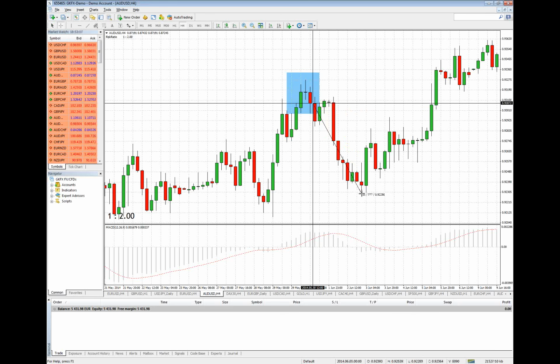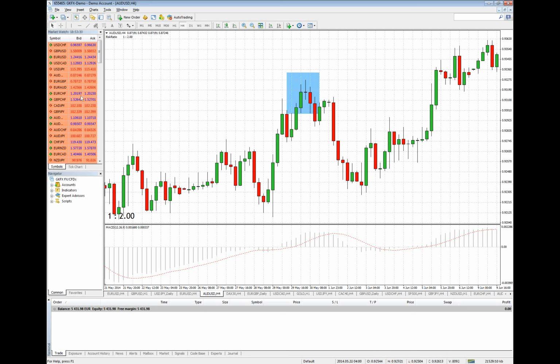We finally took here, I would say, 80 pips. Okay, 80 pips maximum. So at least we may have enjoyed 60 pips. So 60 pips on AUD/USD represents $600.